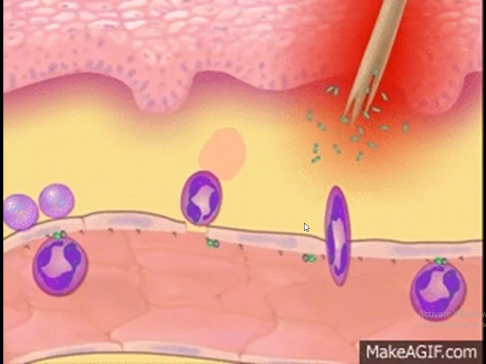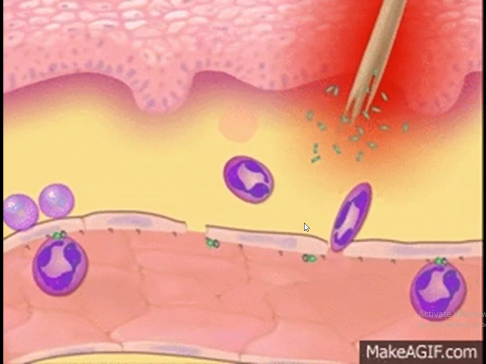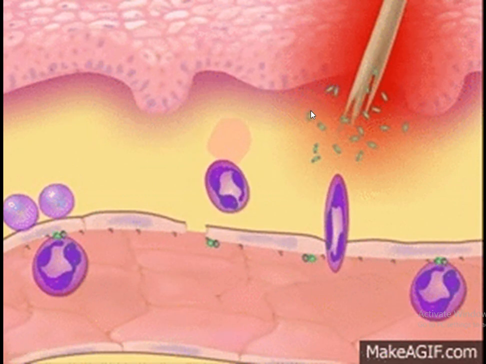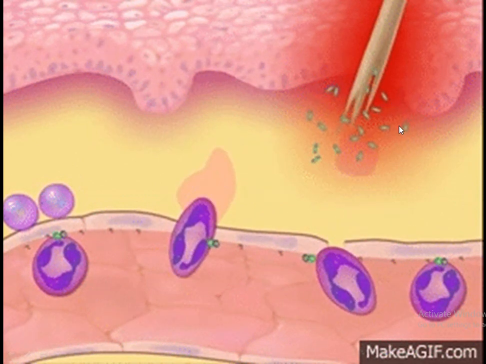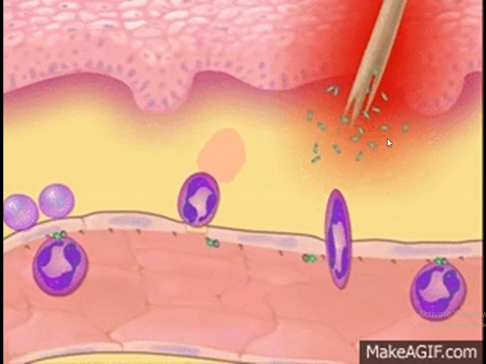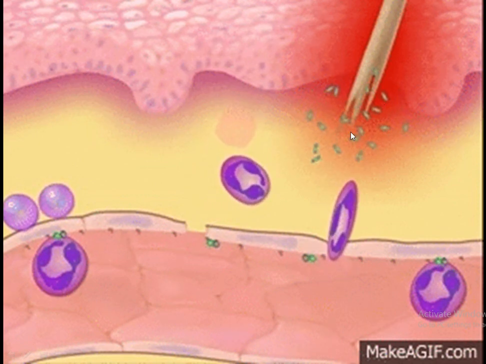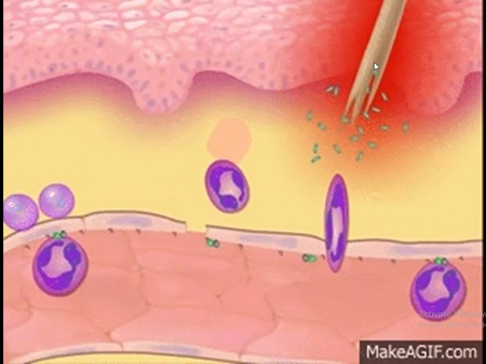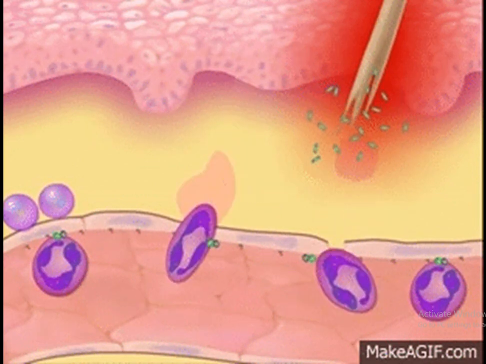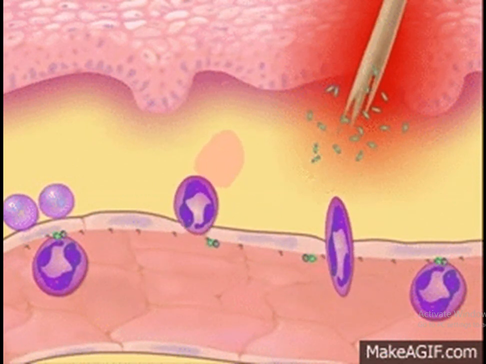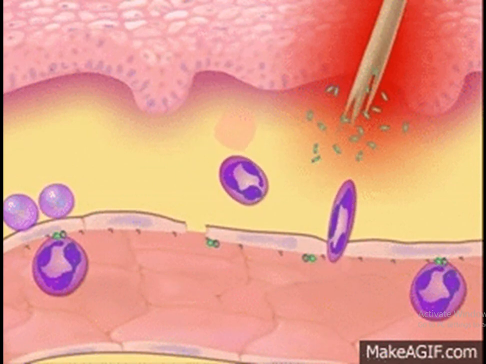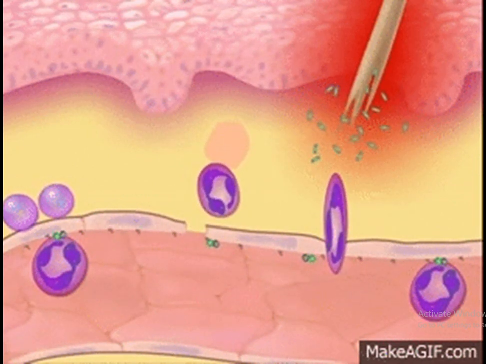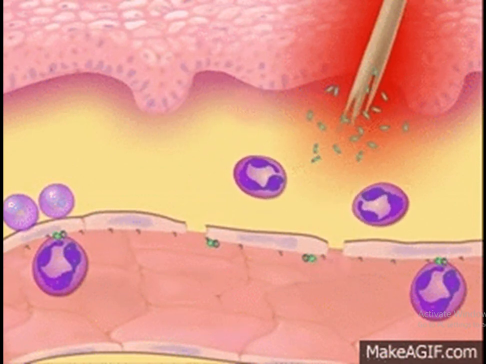This is another animation to show you the infection. You must check the change of color also here. Redness, a more marked area, so that these cells squeeze out of the blood vessel and go towards that site.